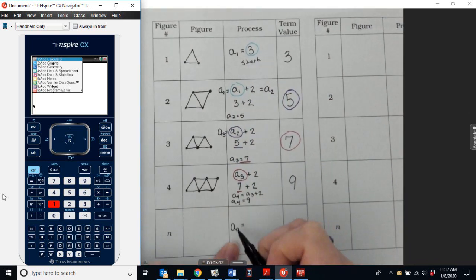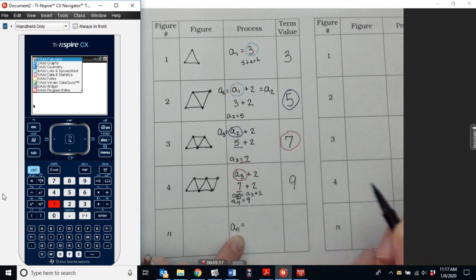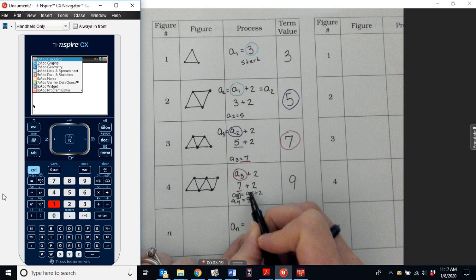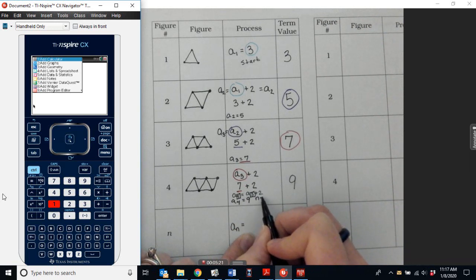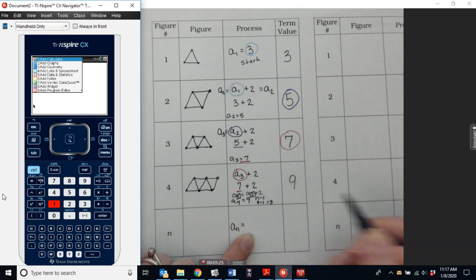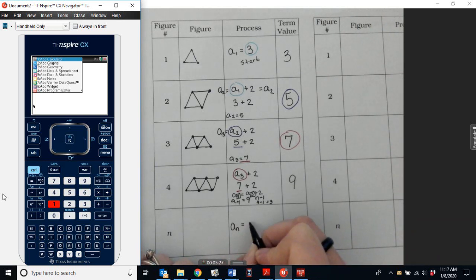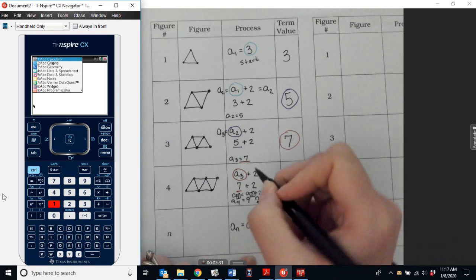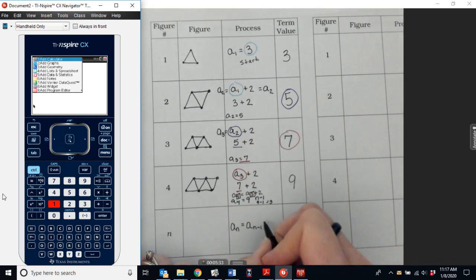So every time I use n, so let's say 4 is n, then in my second one, it's n minus 1. I took my 4 minus 1 to get 3. So that's how I say A of n minus 1 plus 2, every single time I added 2.